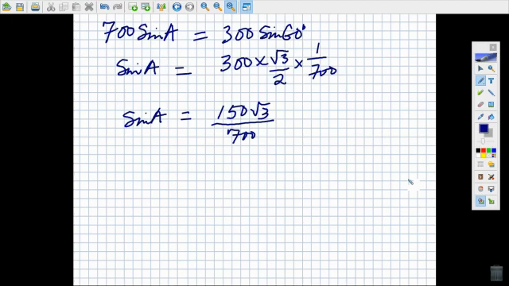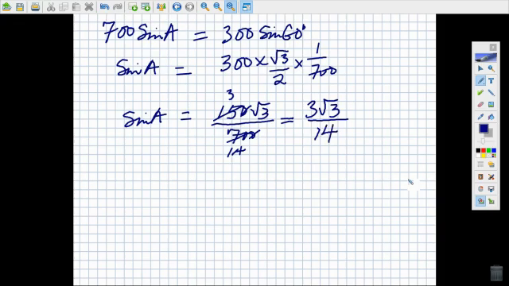That will then be, this cancels that, and the 5 cancels 15 to give us 3, and the 70 to give us 14, which will be equal to 3 root 3 over 14.